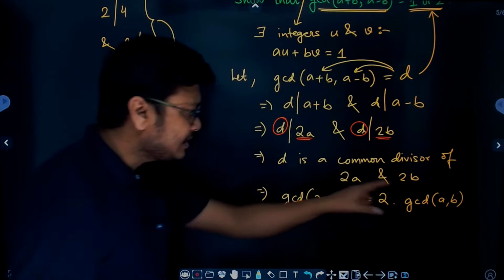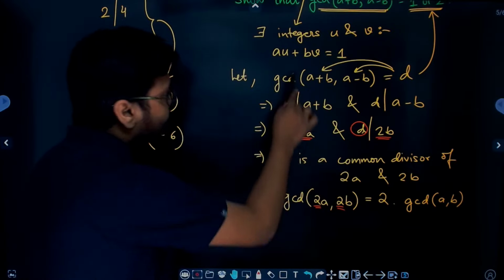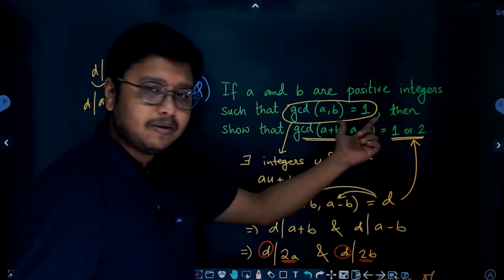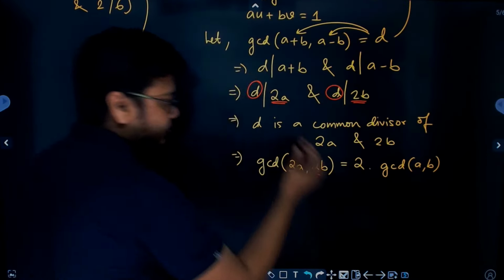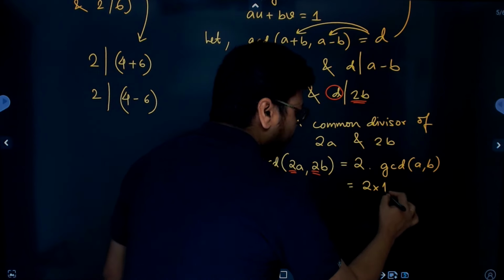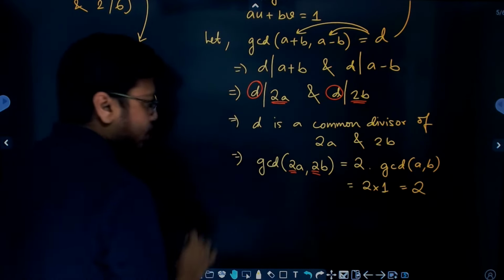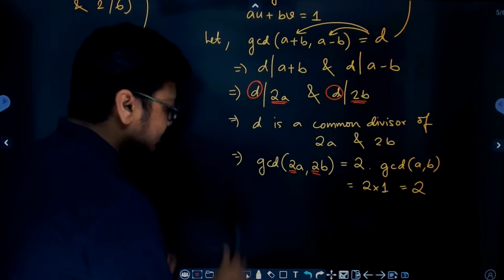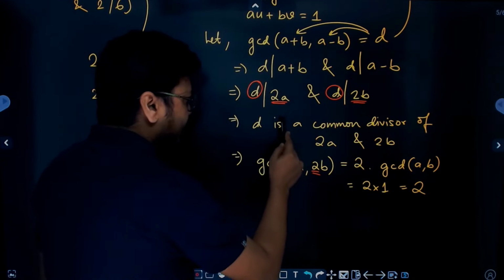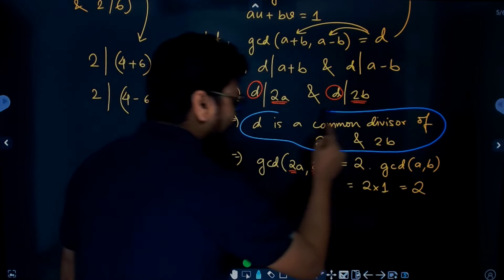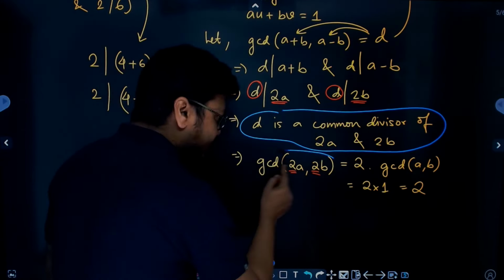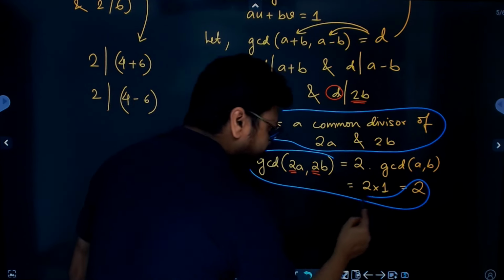And GCD of a and b was provided in the question as 1. So this is 2 times 1, so that's 2. So I have two pieces of information here. One is that d is a common divisor of 2a and 2b, and the GCD of 2a and 2b is 2.